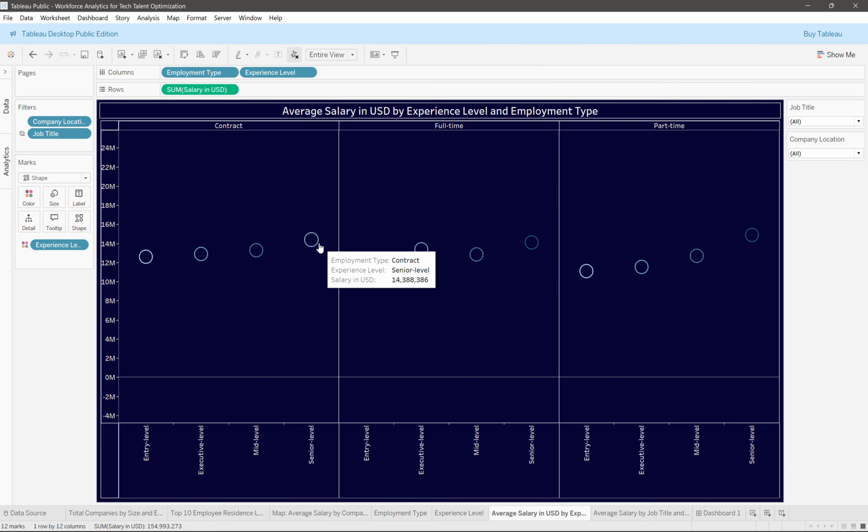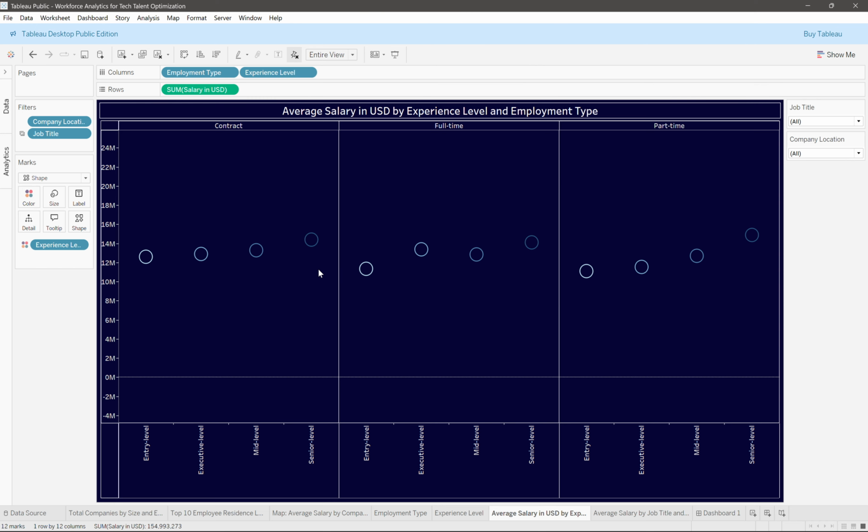In the senior level the salary is 14 million, here again 14 million, and in the similar year 14 million. So at the senior level there is not a lot of difference, but at the entry level it's 12 million, here it's 11 million, again 11 million.